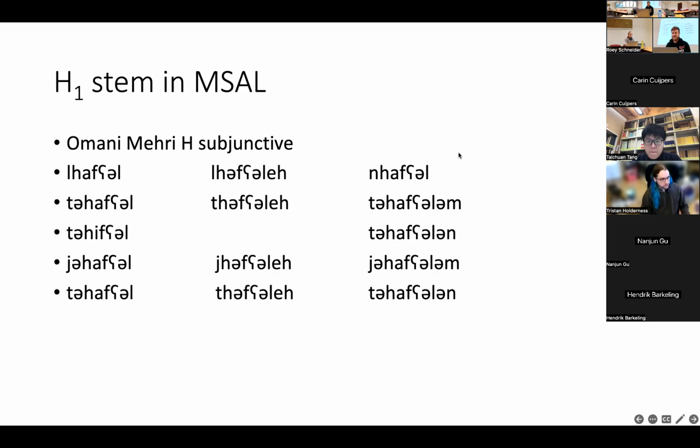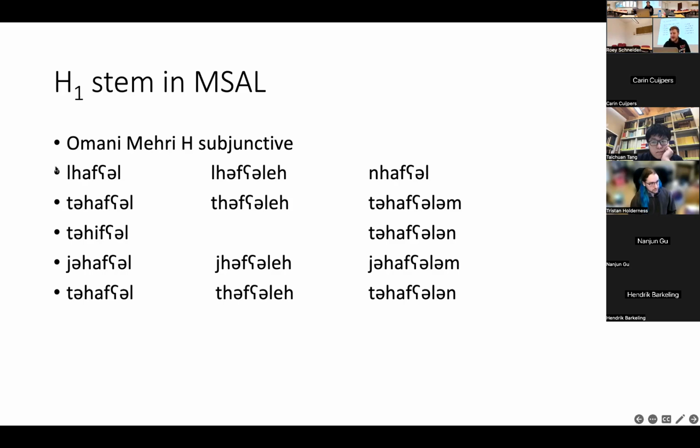Does this look like the Akkadian one, the Ushapris, in your opinion? I think yes, because Hey corresponds with Sheen in Akkadian. Yep, I completely agree. I think it's exactly identical.